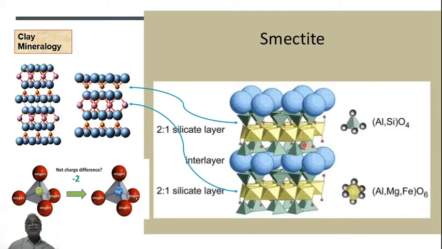The same sheet is shown in another pictorial way. The top, this pyramidal kind of thing will be there, and then these octahedron sheets are here, and then one more layer of tetrahedron sheets, and these are basal oxygens which are shown on the top as well as at the bottom, right?